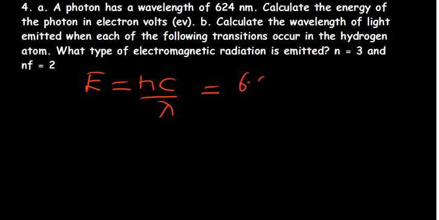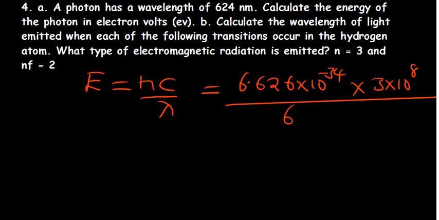Planck's constant is 6.626 times 10 to the power negative 34. The c, which is the speed of light, is 3 times 10 to the power 8, divided by the wavelength, 624 nanometers. Now nano means times 10 to the power negative 9, so in other terms we are dividing by that. So we can now determine the energy.